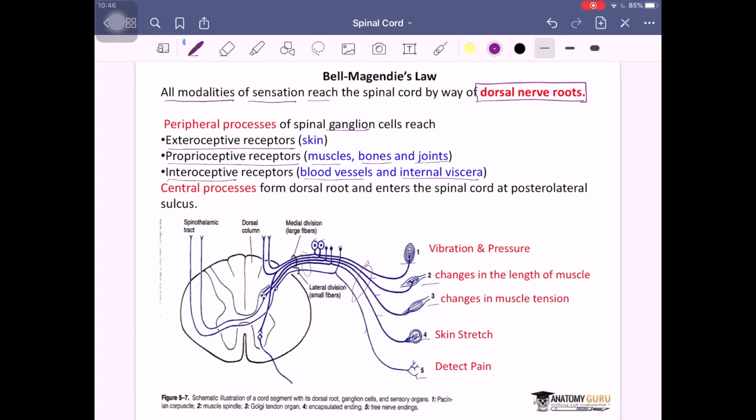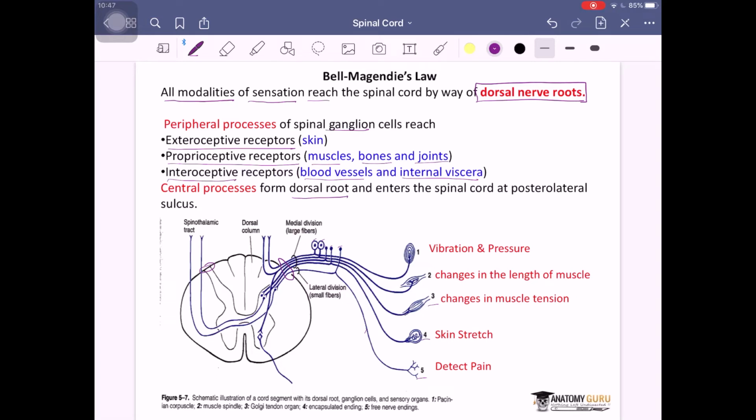Once the ganglion brings the information and it gets processed in the cell body, the information passes through the central process. It is very interesting that all these pass through a particular sulcus. All the central processes form a bundle, which you can call a dorsal root.